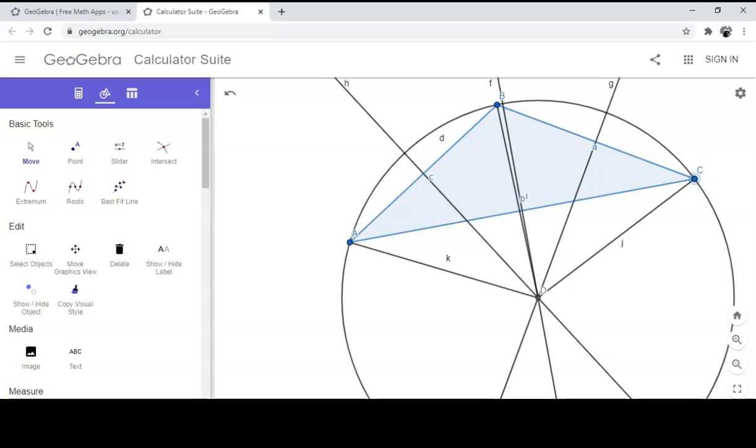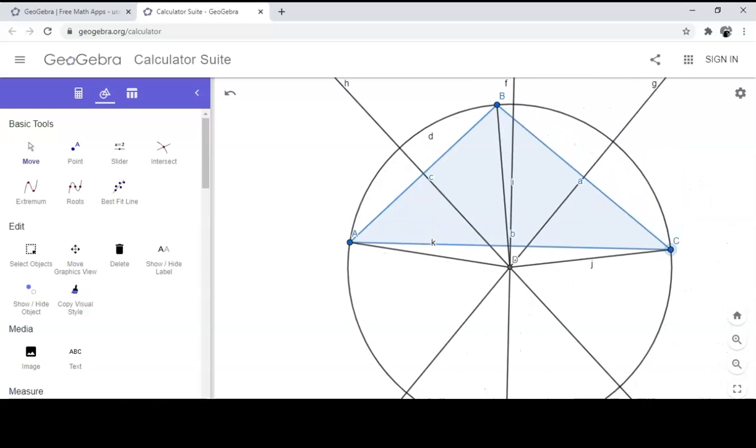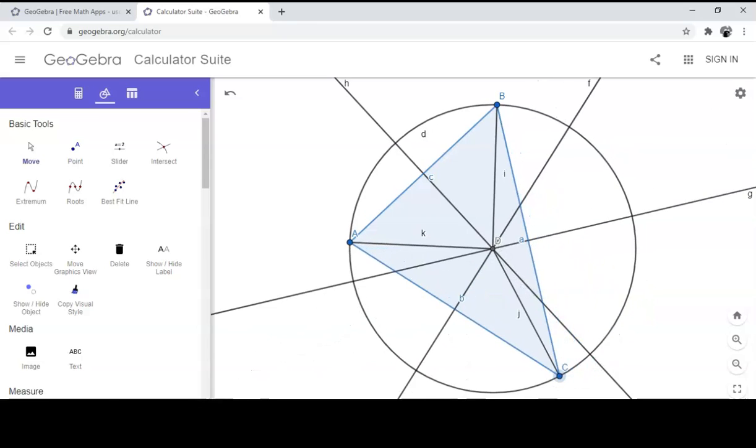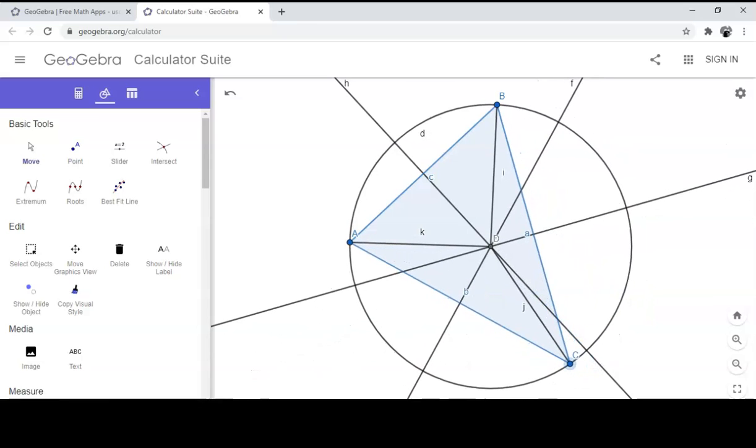So a few final thoughts here on circumcenter. Again, obtuse triangle, circumcenter is outside. Right triangle, it's on the midpoint of the hypotenuse, and acute, it happens inside.